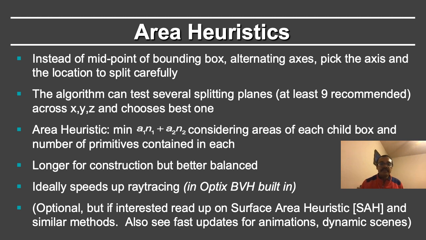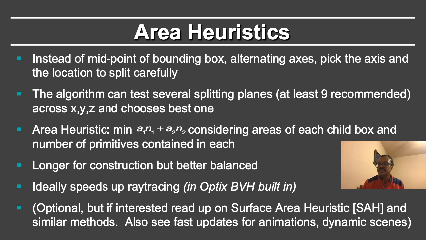There is a refinement on this method to create the bounding volume hierarchy, which is known as the surface area heuristic. Simply, instead of looking at the midpoint of the bounding box, you pick the axis and the location of the split carefully. So you test several possible splitting planes, typically having at least 9 recommended splitting planes across x, y, and z.